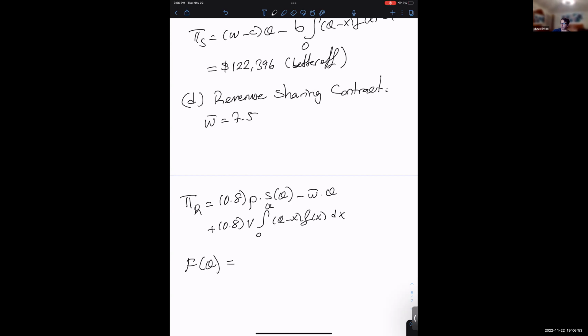Now the margin used to be P minus W in all cases, but now our margin is 0.8P minus the new W, divided by 0.8P, because effectively this is your marginal revenue, and minus 0.8V. That is also the marginal salvage value for the retailer, only 80% of that.